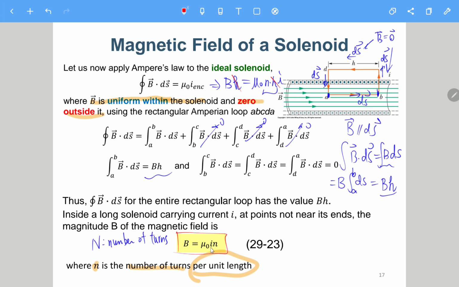It is proportional to I, and also proportional to the number of turns per unit length. If we can pack more turns in a unit length, then the B will be stronger. Or if we cannot pack more coil, then we can just increase the I. So B is proportional to I.